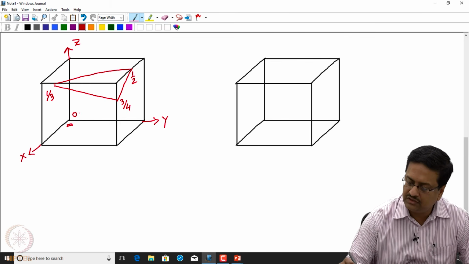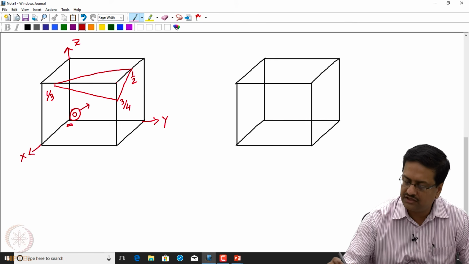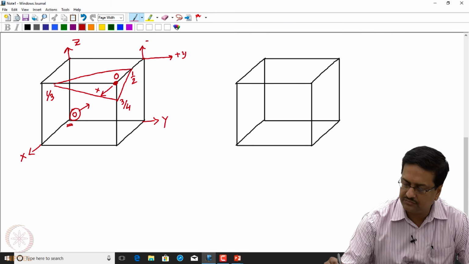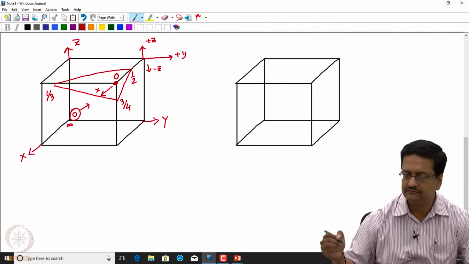So what we would do is we move this origin from here to the other body diagonal point which is here, and we write it as a new origin. So with respect to that, this is the plus x, this is the plus y, anything above is plus z, and anything below is minus z.